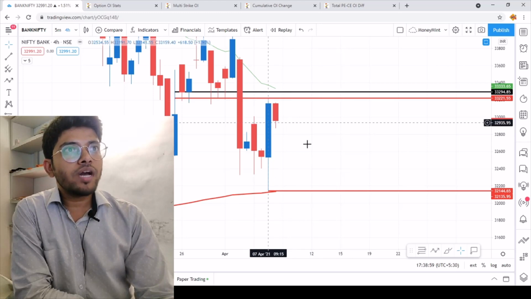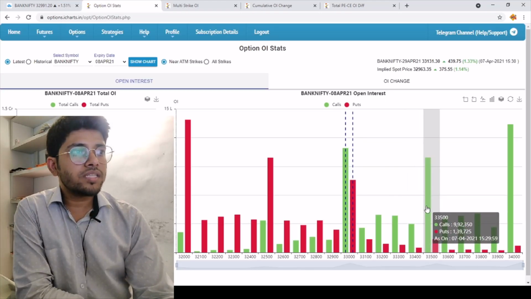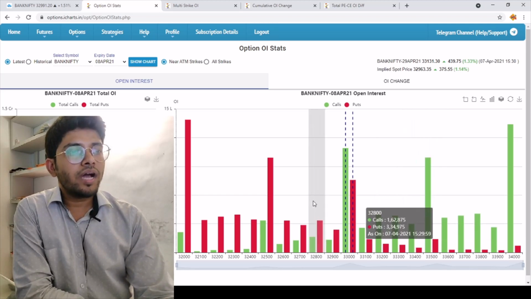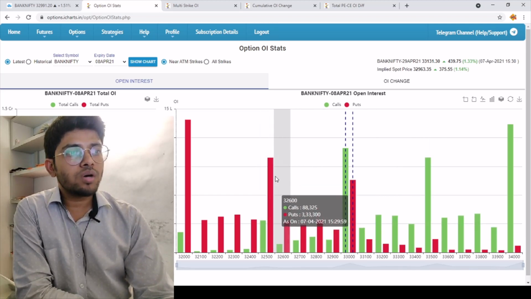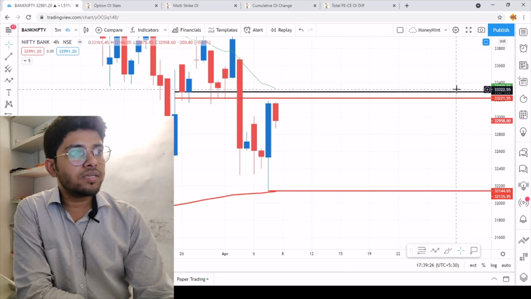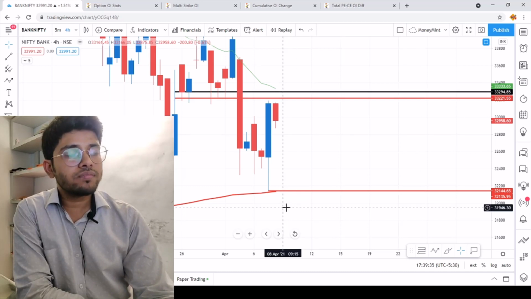If we are to verify our ranges, we can see that 33,500 is having a considerable amount of call writing, and on the lower front 32,500 is having considerable put writing. So our range, which is defined by 33,300, is also somewhat safer and inside by 200 points, because 33,500 is having the maximum call writing.